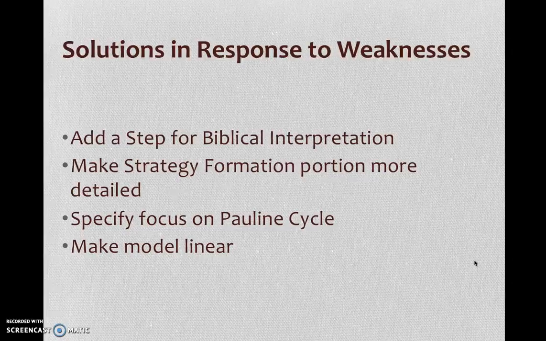We need to be able to see the results of the helix as it relates to where we are in church planting. And thirdly, you make the model linear, and that allows for biblical interpretation and theological formation to be foundational rather than just an element.